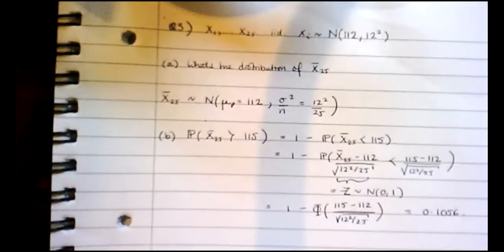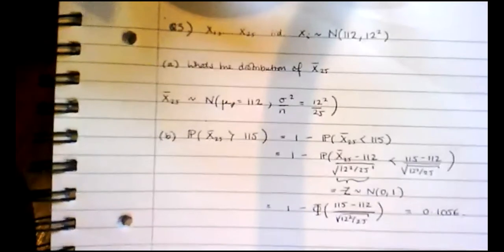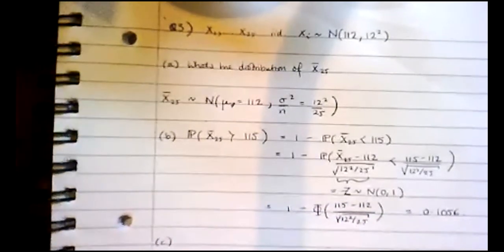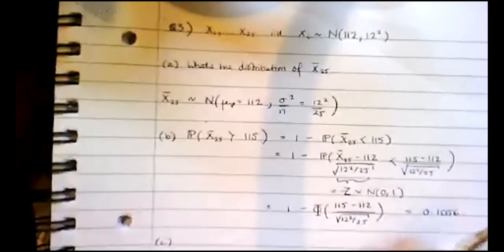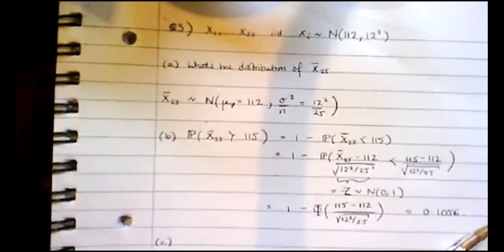So part C was really, really similar. The tricky bit, the only tricky bit, was deciding what probability I needed to be actually looking at. So I was given a wordy statement.